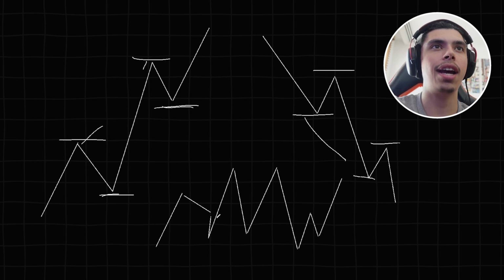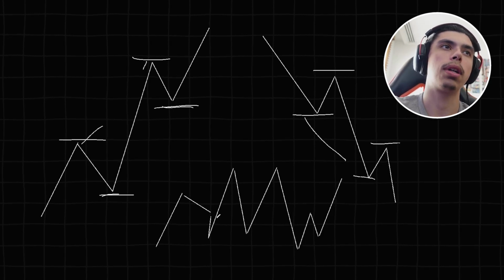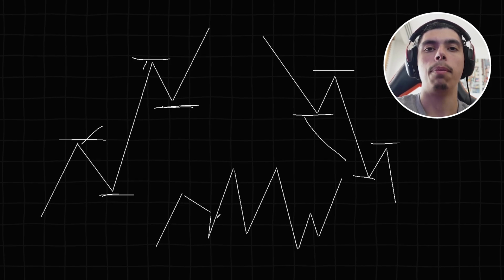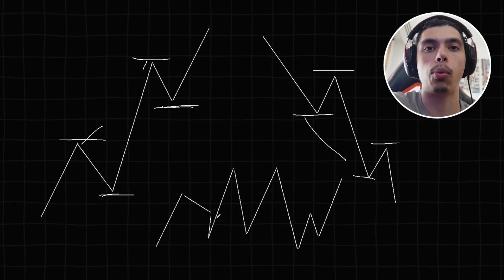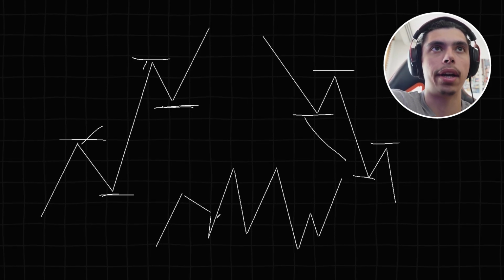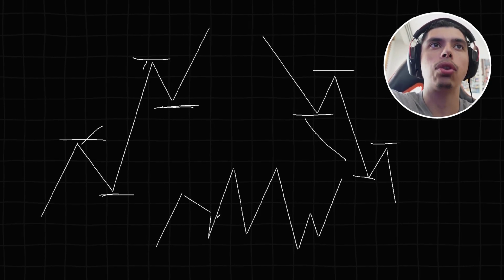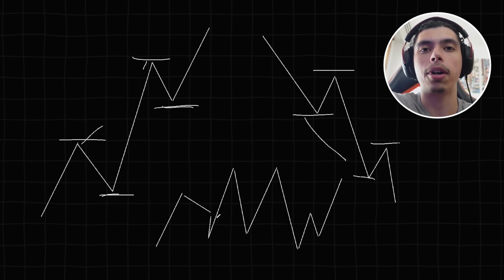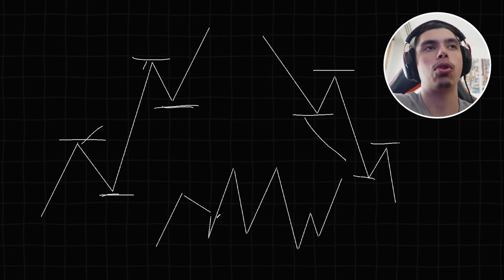What you have to understand is how structure is formed. That's more important than understanding the exact market structure, because you can't have market structure without structure. Later in this video I'll talk about where market structure is actually applied.